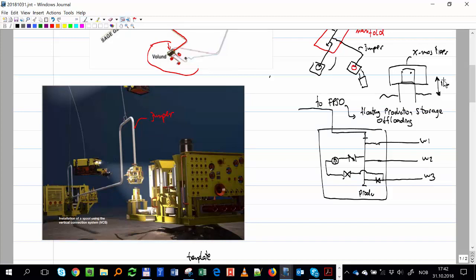Maybe 1 meter is too much, but I'm sure it's at least 30 centimeters. For some cases that we were working on, it was 0.3 meters. So you have a huge expansion and contraction.